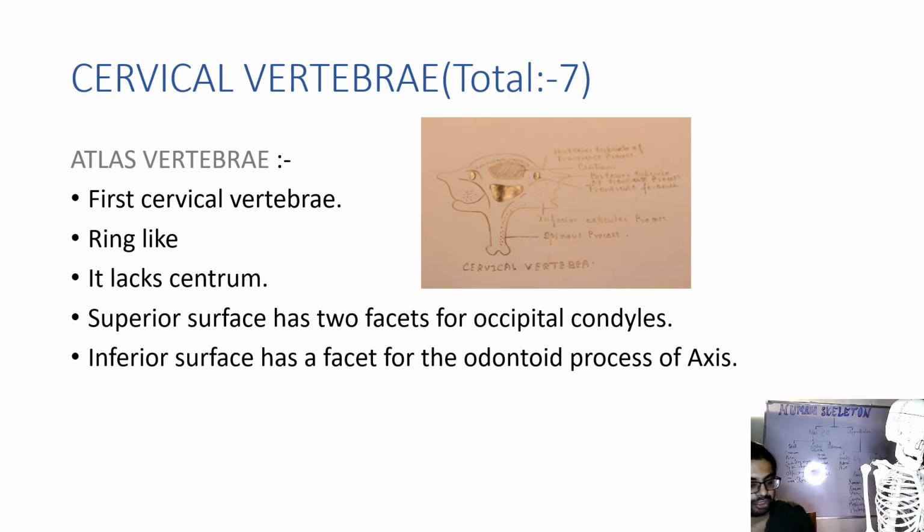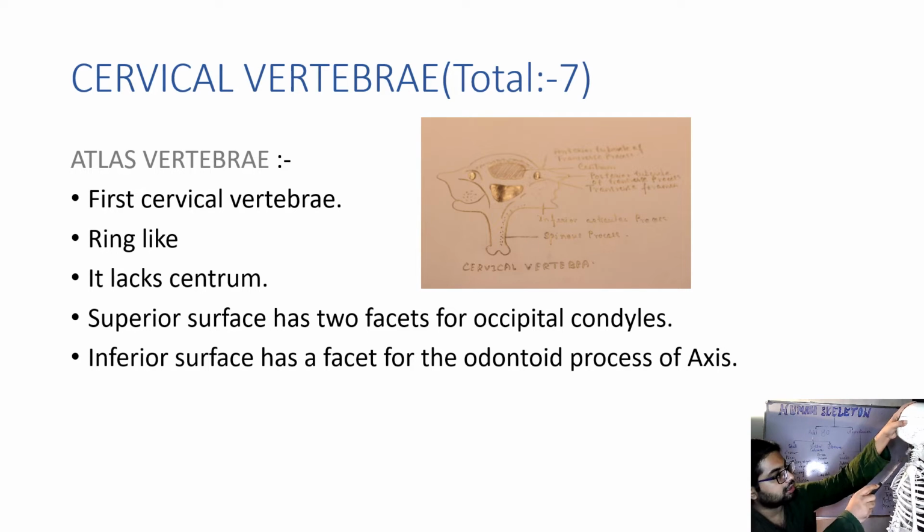Now coming to individual vertebrae of this vertebral column. So 33 vertebrae are there. Cervical has got 7 vertebrae, cervical region. One thing to note, there are a total of 7 cervical vertebrae.